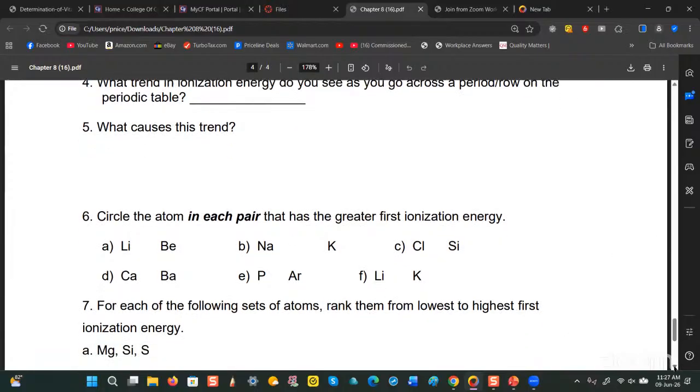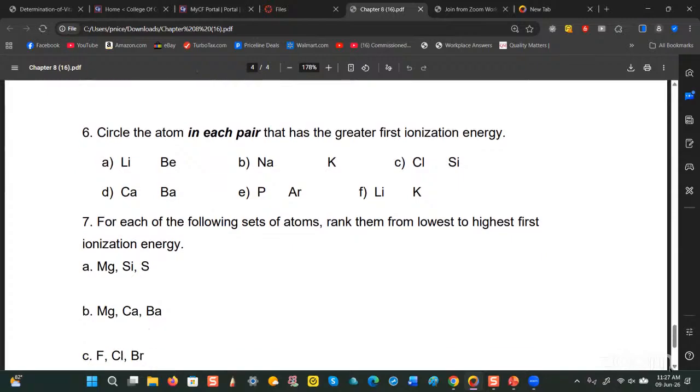So that brings us down to question number 6. Circle the atom in each pair that has the greater first ionization energy. So between lithium and beryllium, which of those two would you expect to have the greater first ionization energy?